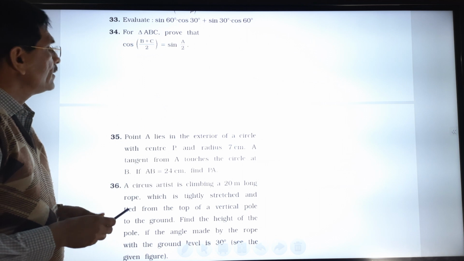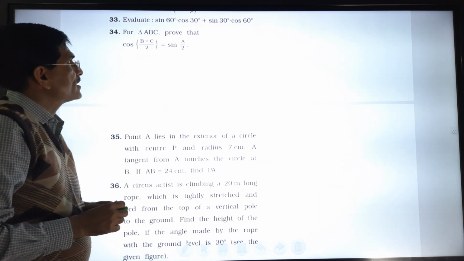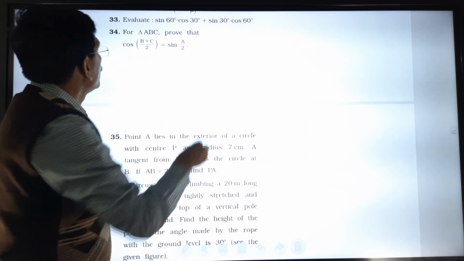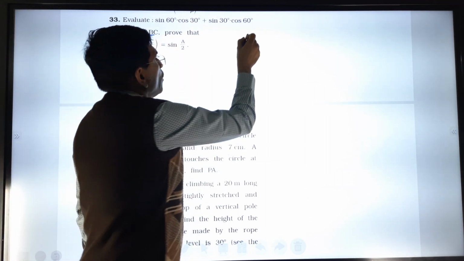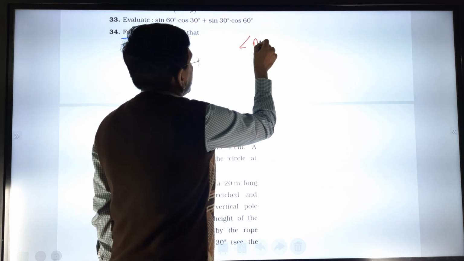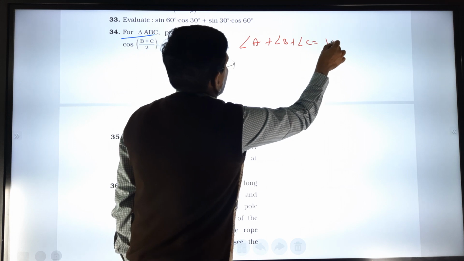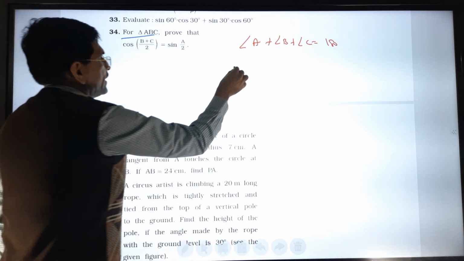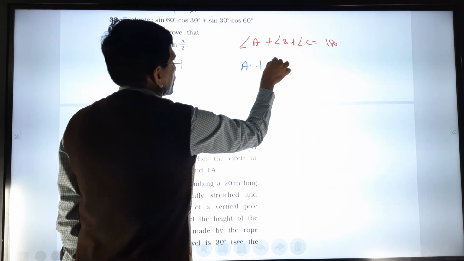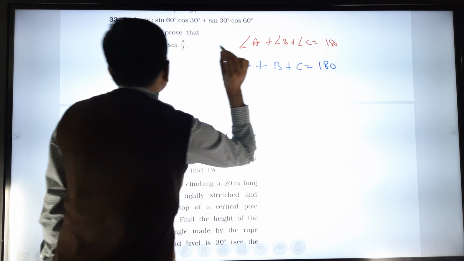Now, in triangle ABC, prove that cos of (B plus C) upon 2 is equal to sin A by 2. Here the question is related to triangle ABC. We know that in a triangle, angle A plus angle B plus angle C is equal to 180. Instead of writing the symbol, we write A plus B plus C is equal to 180.